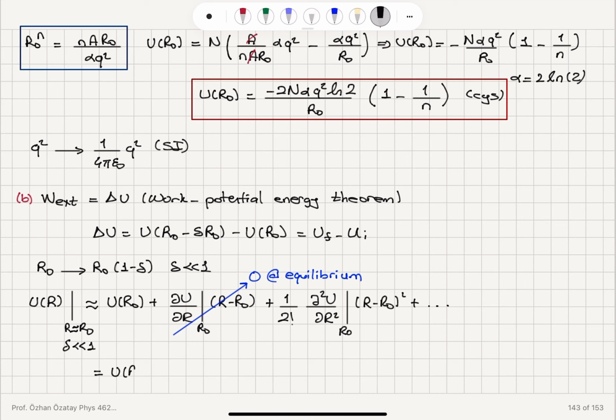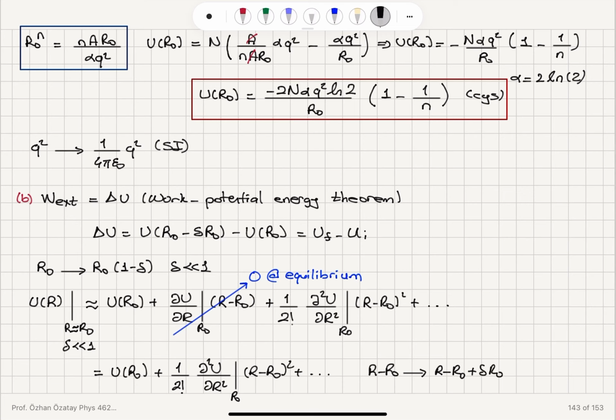So we find that the potential is U evaluated at R0 plus 1 over 2 factorial times the second derivative, del squared U del R squared evaluated at R equal to R0, times (R minus R0) squared, and higher order terms, and R minus R0 is going to become R minus R0 plus delta R0.